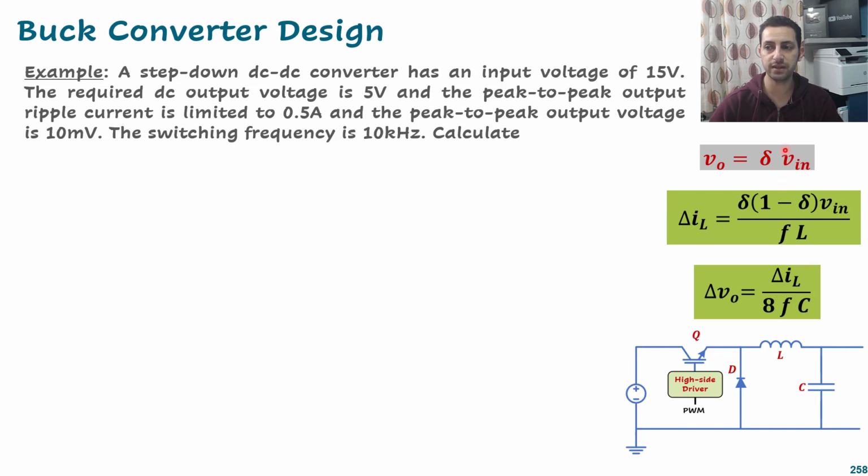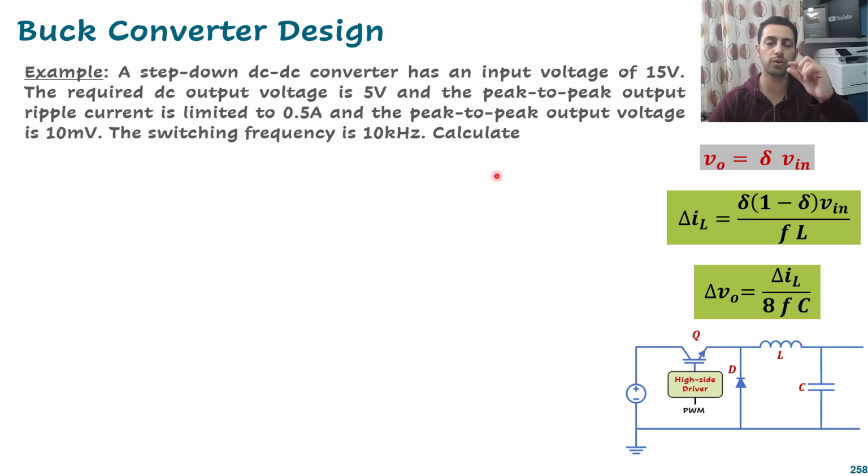From 15 here and 5 there, I think we can calculate the duty cycle. This is one thing that we want to remember. And the peak-to-peak output ripple current is limited to 0.5 ampere, which you as a designer should choose, okay? So this one is maintained at 0.5, and we can really choose now the inductance if we have the frequency. And the peak-to-peak output voltage is 10 millivolts.